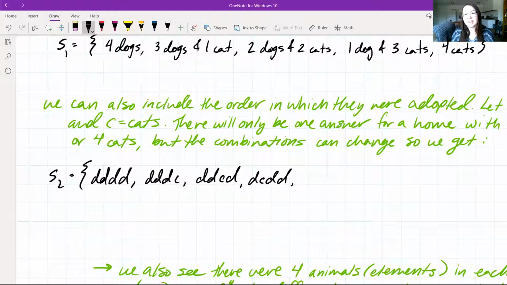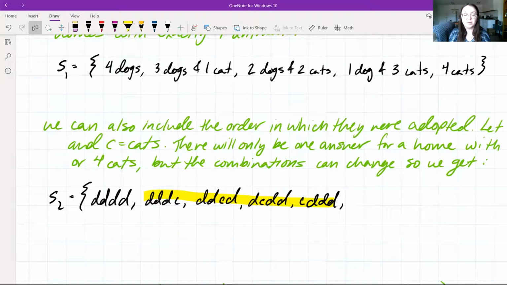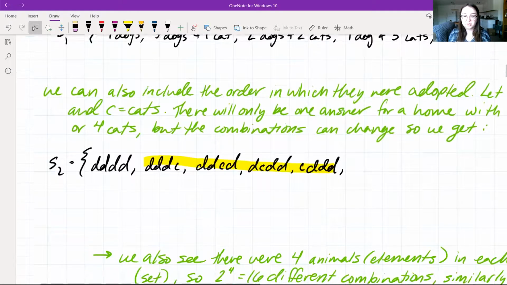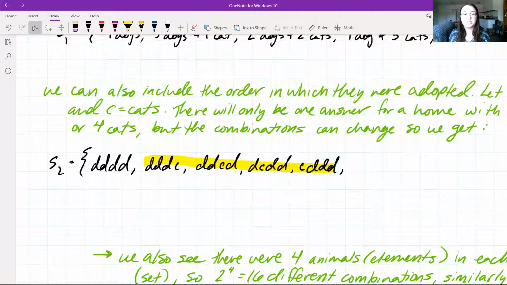And let's say now the cat is 1st. So you can say cat, dog, dog, dog. Now we see here in these 4, we still have 3 dogs and 1 cat, just like our second value here in our first set. So all of these still correspond to that one value. It's just now we have the different combinations. So this is what we're going to be doing for the rest of them.